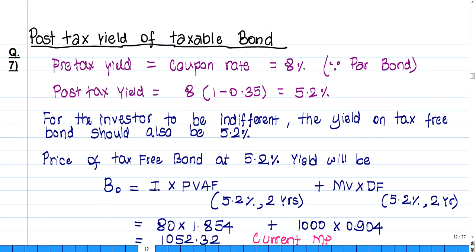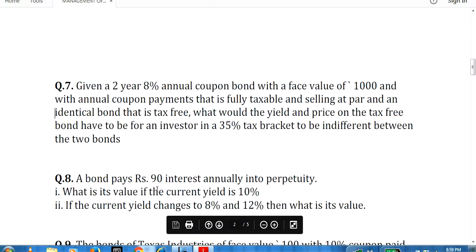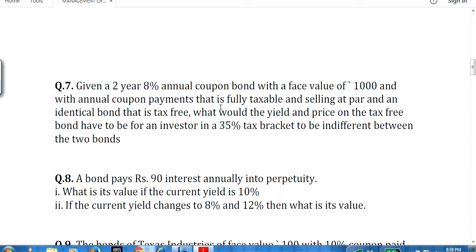Okay, let us see question number 7. Given a 2-year 8% annual coupon bond with a face value of 1000 and annual coupon payments that is fully taxable and selling at par, and an identical bond that is tax free, what would the yield and the price on the tax free bond have to be for an investor in a 35% tax bracket to be indifferent between the two bonds?